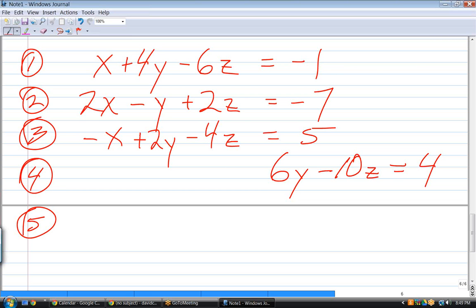I want to eliminate x because if I eliminate x, I'm going to have an equation that's just y and z, and then I'm going to have 2 equations, 2 variables, and I can solve it normally. So how do I eliminate x? I can combine anything but 1 and 3. I've already used 1 and 3. But I could use 1 and 2, or I could use 2 and 3.